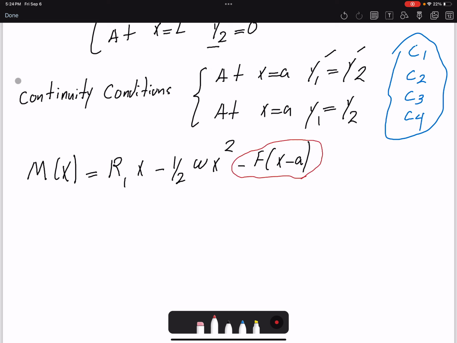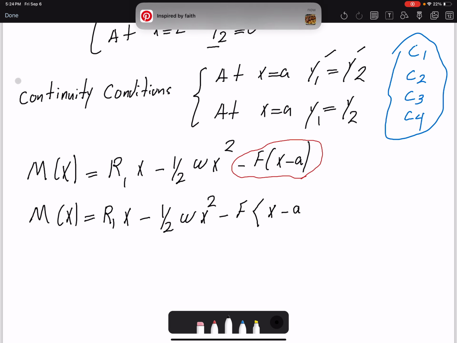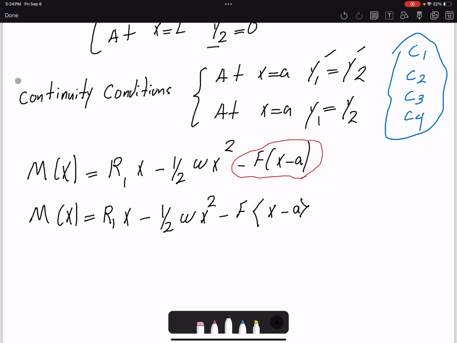Maybe I can use the convention to use that. So M(x) equals R1x minus half wx squared minus F, and I'm going to use a notation. We call it broken parentheses, or we call it a Macaulay bracket. So this is a broken parenthesis. What does this one do? Let's look at x minus a.